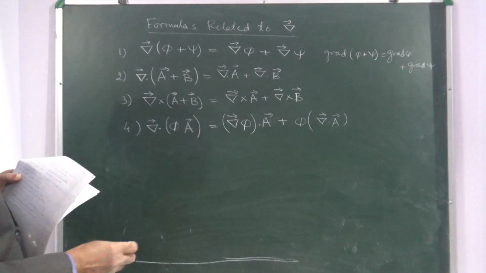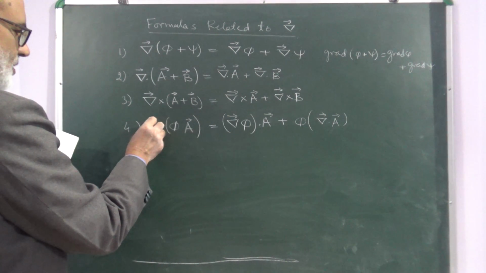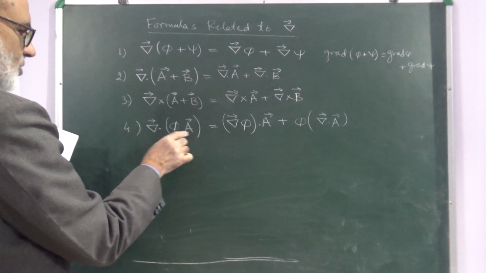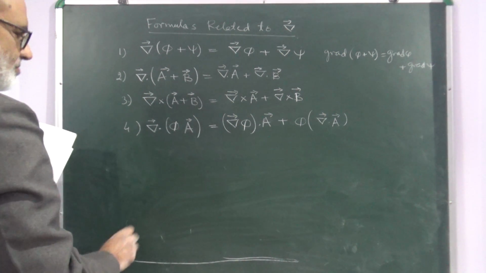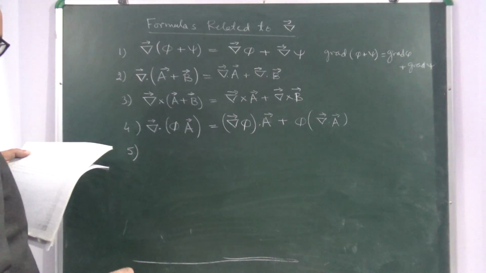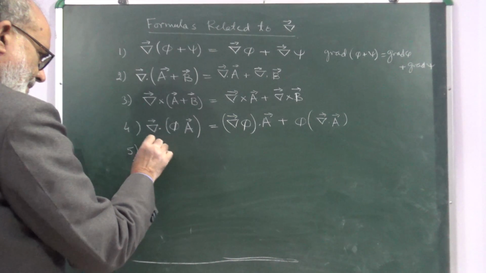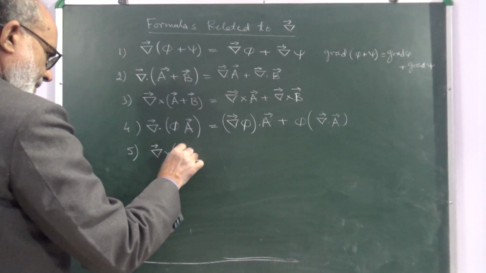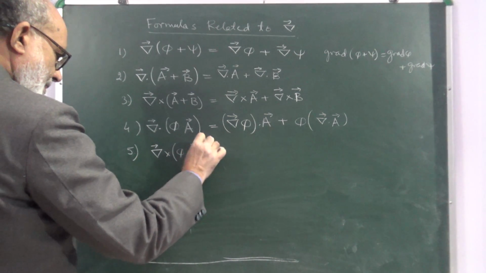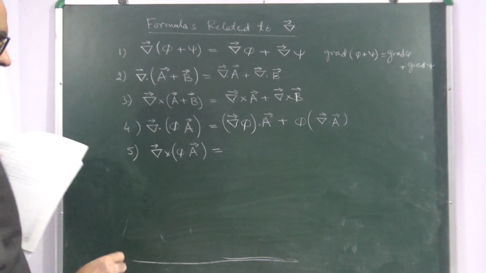You can remember it by just the product of two functions. This is the del operator, the differential operator. First operating on this and then operating on this. Take the curl. You have to take divergence, this is the curl.